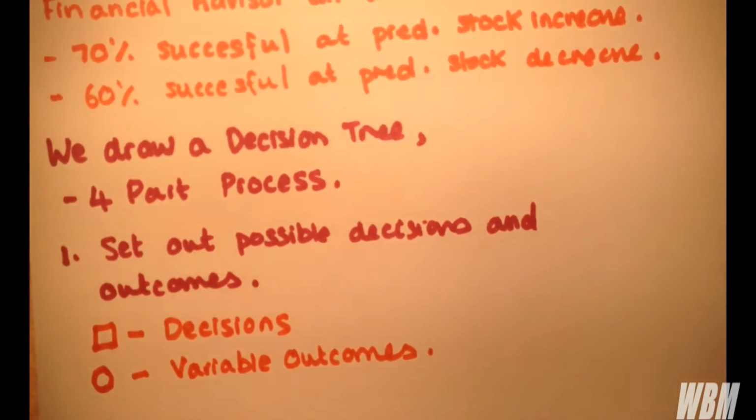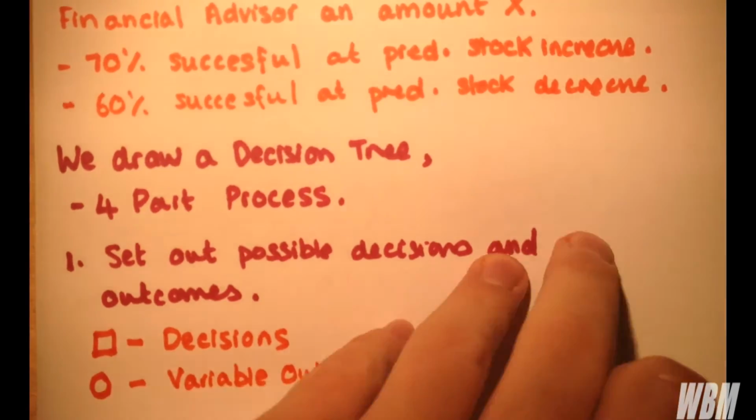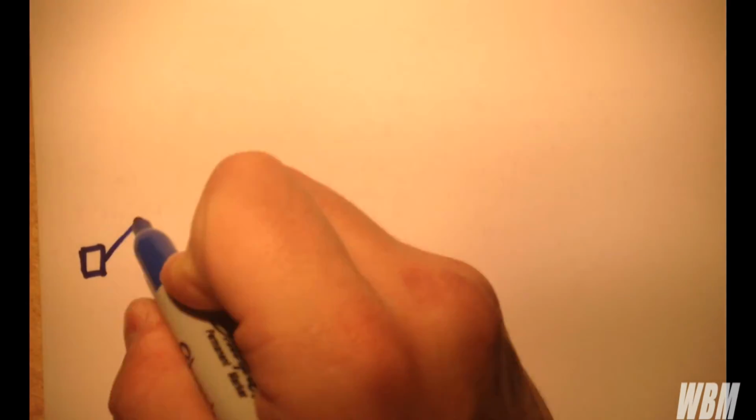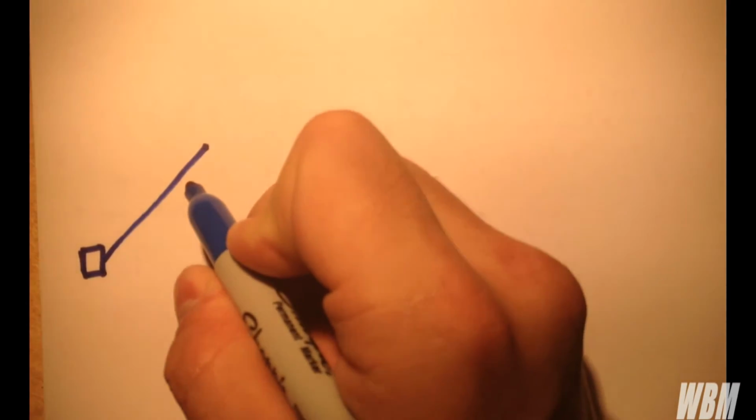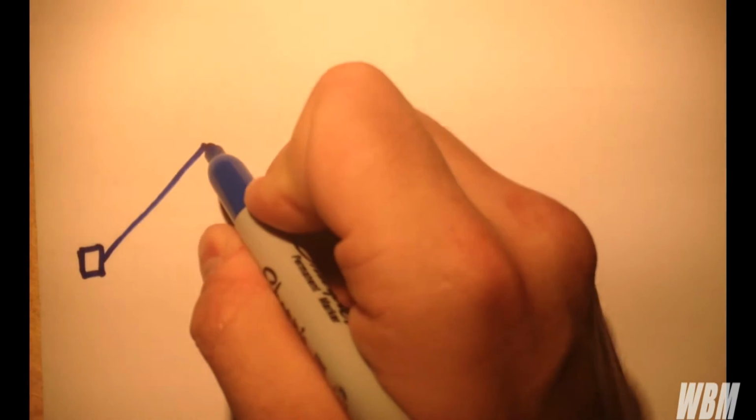So now let's draw our decision tree. So we have a first decision. We can choose to buy the stock.